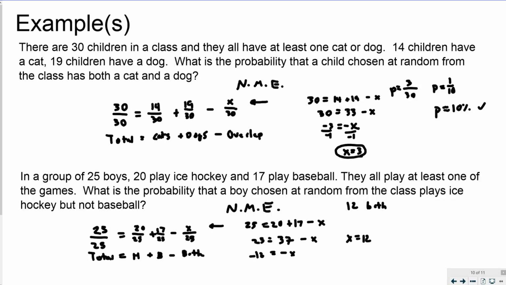So what is the probability that a boy chosen at random from the class plays ice hockey but not baseball? That means out of the 20 that play hockey, we have to start with that, and we need to take out the 12 that do both. That leaves 8 for only hockey.